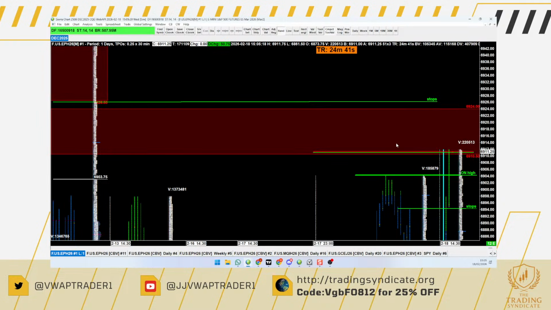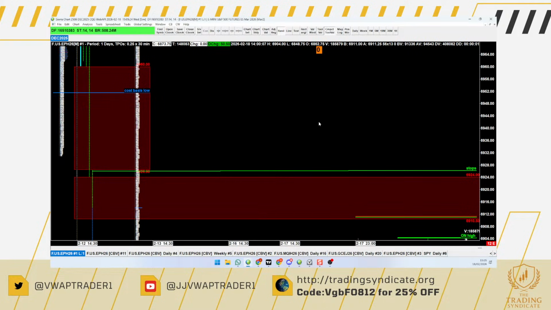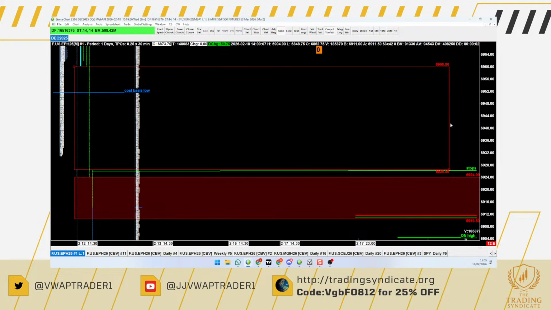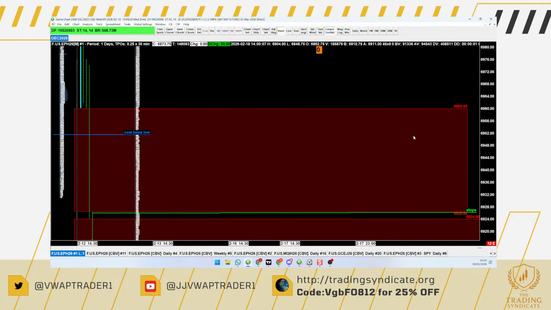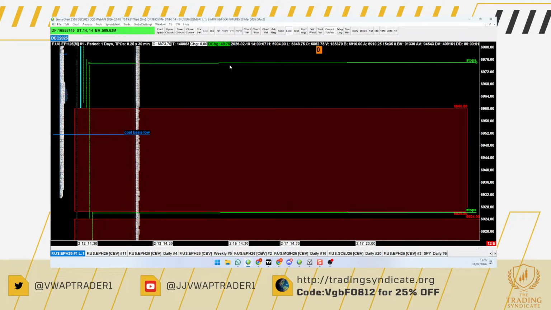If we fill these single prints, the next stops are here, and then we have another set of single prints up here. And then the next set of stops up above that are going to be all the way up here at 69.72.